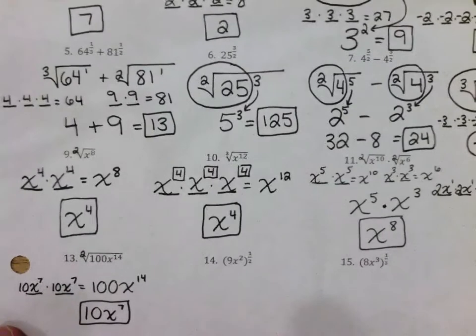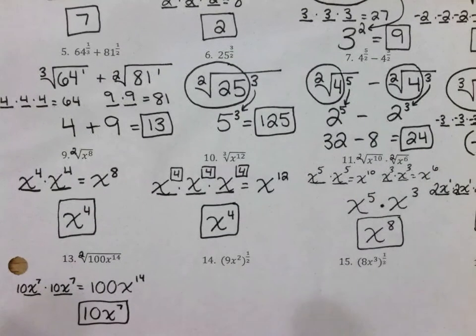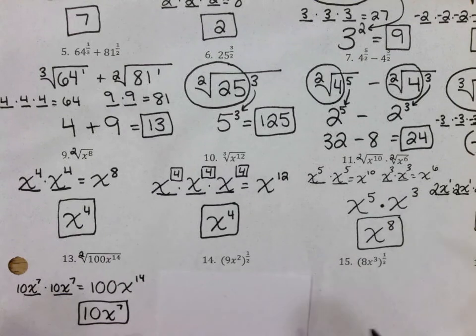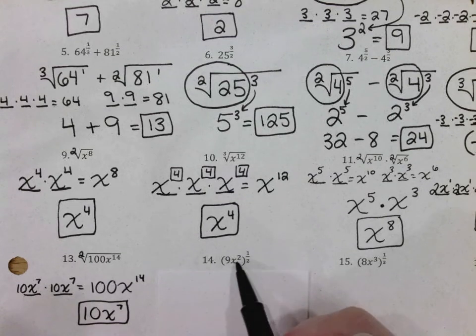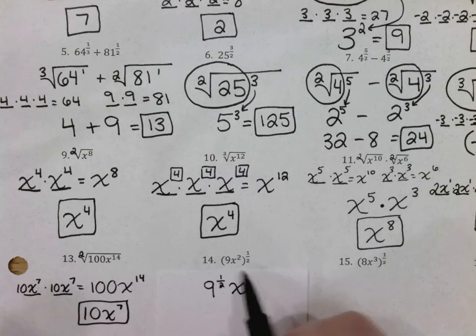Okay, for this next one, I'm going to convert this to radical form. You don't have to, though. I could show you a different way for this one, too, for all of these, really. You could use the power rule and apply that 1/2 to the 9 and the x squared. So that would turn into 9 to the 1/2 times x to the first, right? 2 times 1/2 is 1.